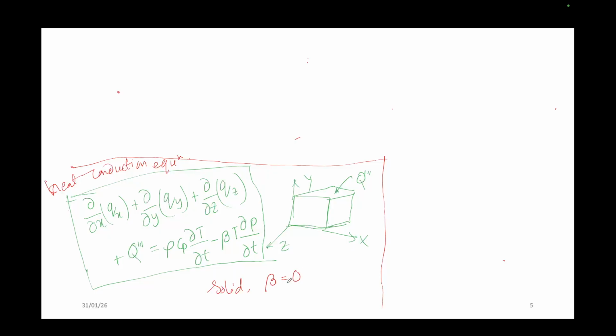Beta is the thermal expansion. This thermal expansion is almost negligible, so we consider it as 0 for a solid. Because here we are talking about conduction in a solid, that's why we are considering these terms as 0. And also in a solid, the pressure change between both ends, or inside the solid, is negligible. Okay, so we are ignoring this term, right?